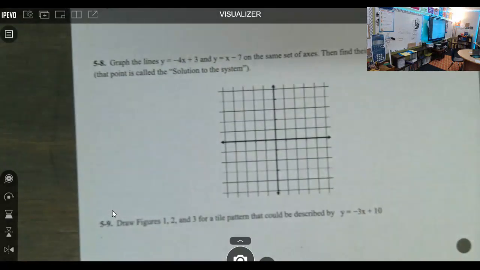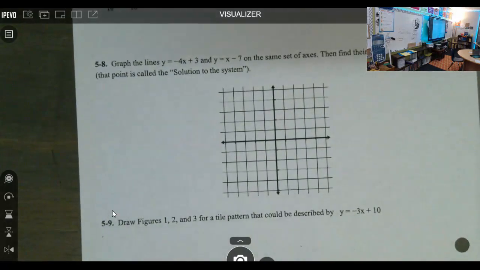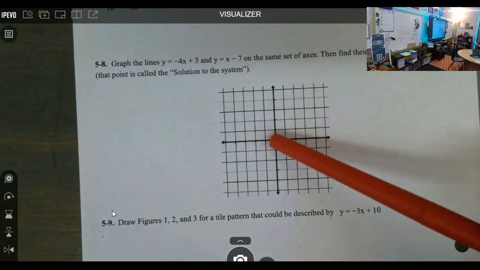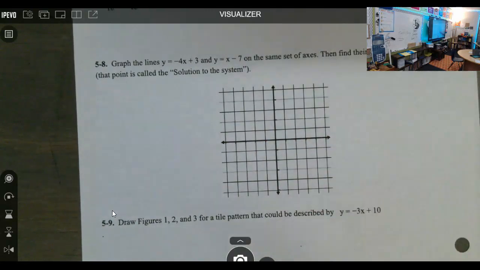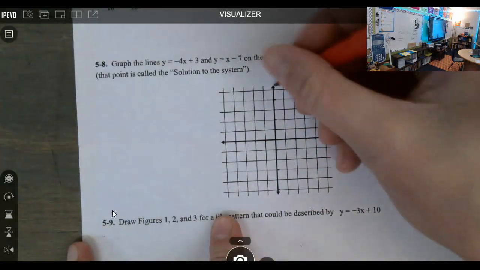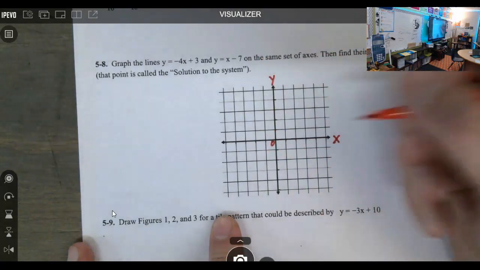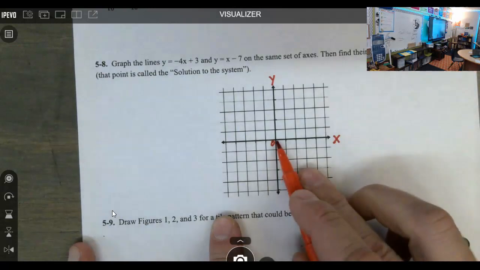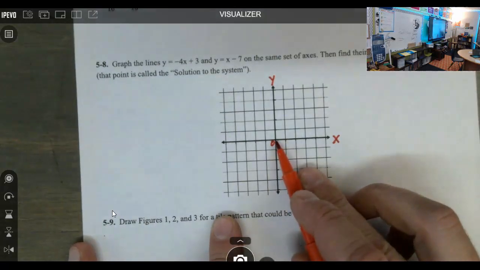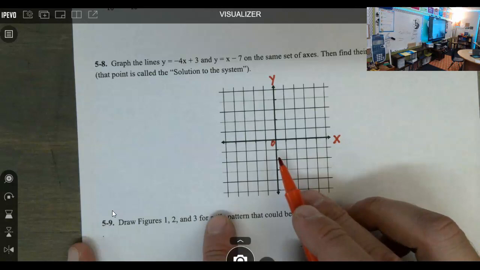This graph here. Now, one thing that has to happen: this center of the XY axes, this is your x-axis, this is your y-axis, this has to be your (0, 0). That has to happen. But did I give you any other numbers?